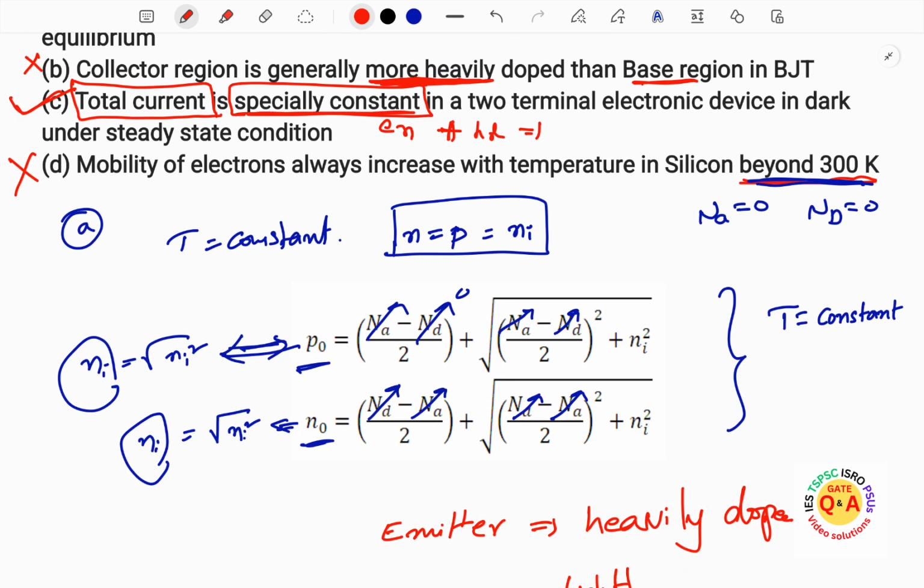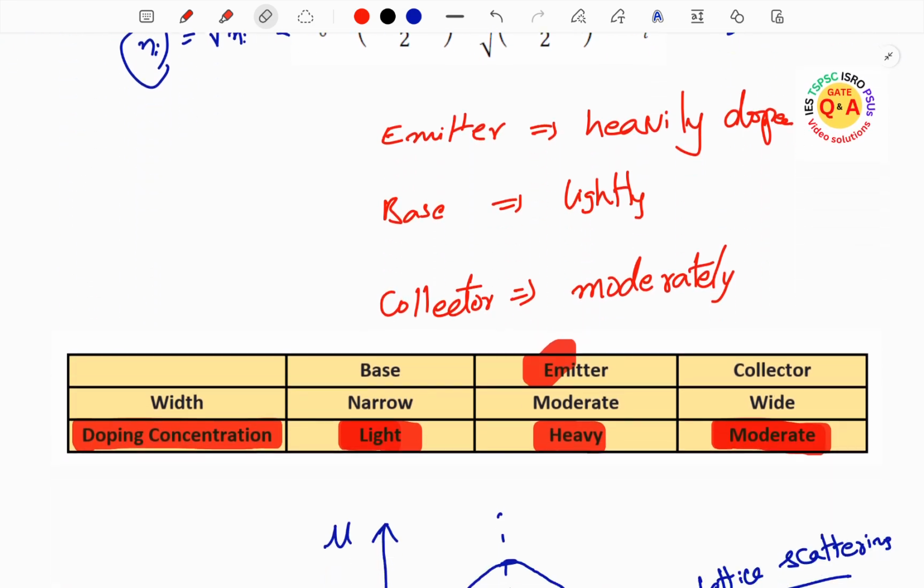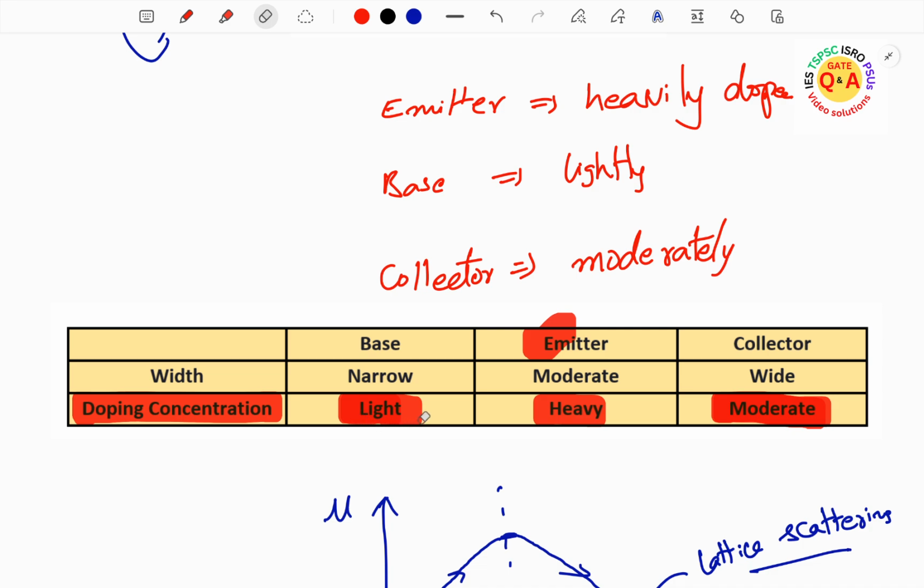So remember these formulas; if you remember them, they are very useful. This is for the thermal equilibrium case. These are the doping concentrations of base, emitter and collector.